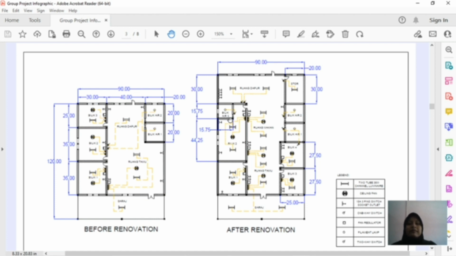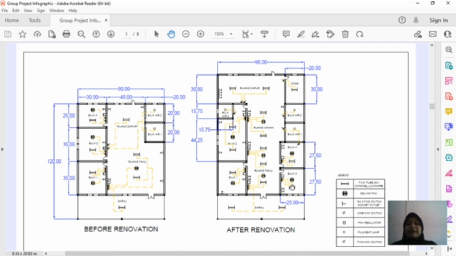In bilik air 3, we have 1 filament lamp. For the switches, 1 switch for bilik air 3 connects with 1 filament lamp, 1 switch for the ceiling fan, and 1 switch connects with 2 units of 2 tube 38 watt channel luminaire.